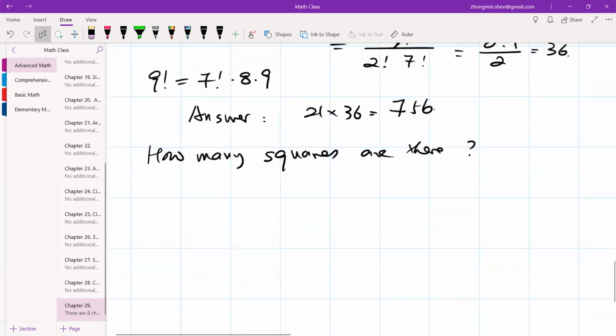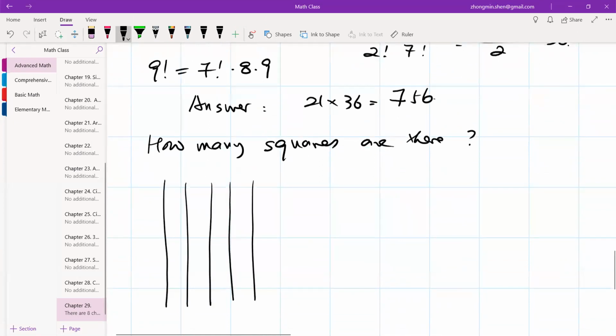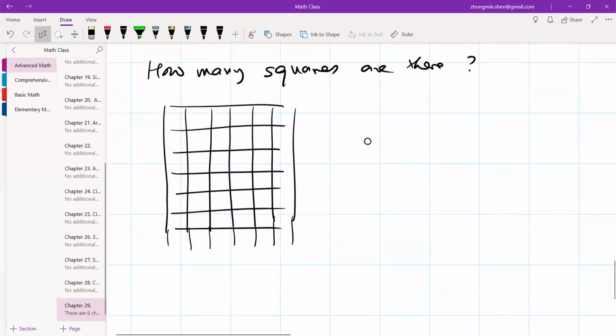This is still the 6 by 8 grid: 1, 2, 3, 4, 5, 6, and 7, 8. How many squares are there?